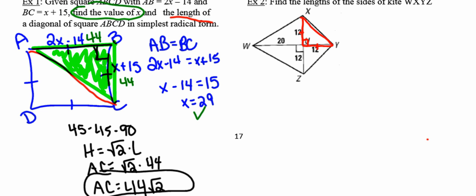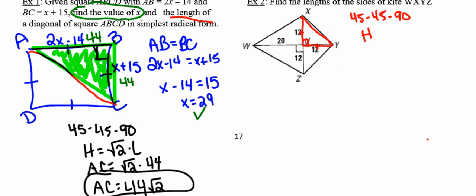Because the lengths of the two legs are 12 and 12, I know that like the square, this is going to fall in the category of that isosceles right triangle. So the length of my hypotenuse is going to be root 2 times the length of either leg. So I've got that isosceles triangle going on here again.